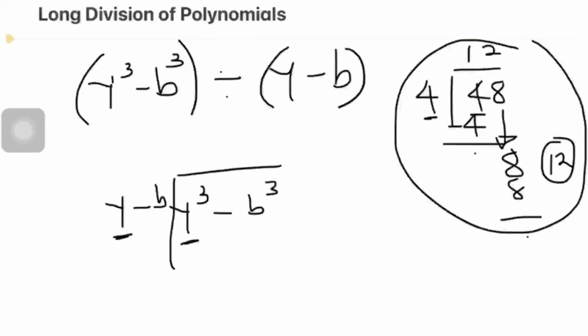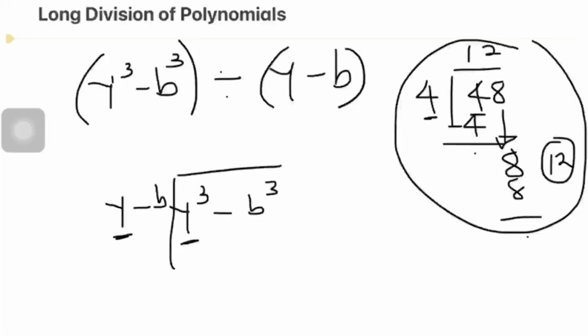Now the other one is y cubed, so we can't go to b because the two terms must match, you know. So we have a y and the other one is y cubed. So between the two of them, you ask yourself, which of the two has the highest power? So it's y cubed, right? So if it's y cubed, then now the next question is you ask yourself, what can you multiply with y to get y cubed, right?